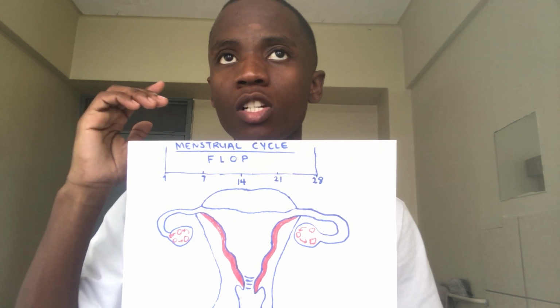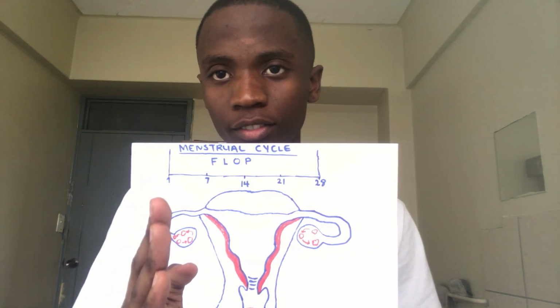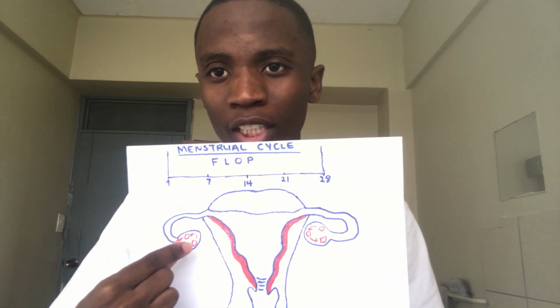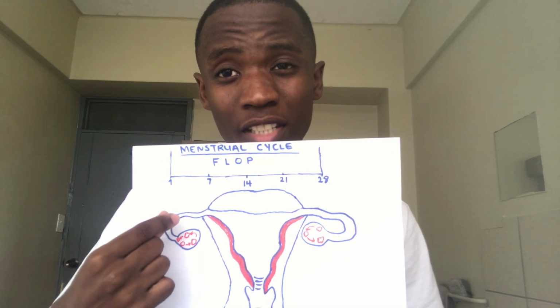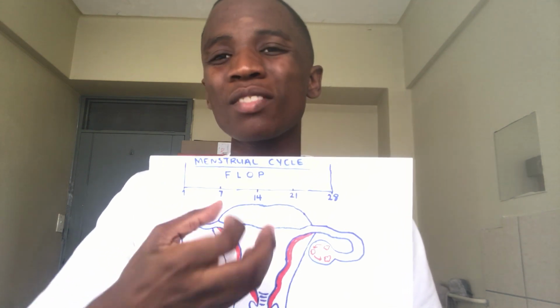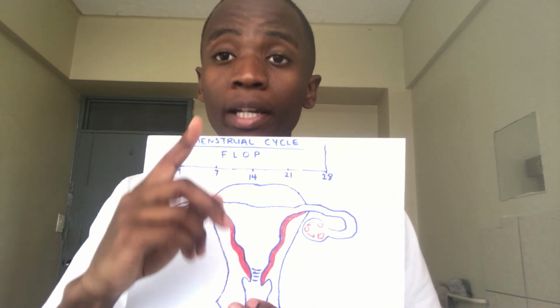Okay, so if the egg that was released, or the ovum that was released on day 14, between day 22 to day 28, is not fertilized by the male haploid cell, which is the sperm.